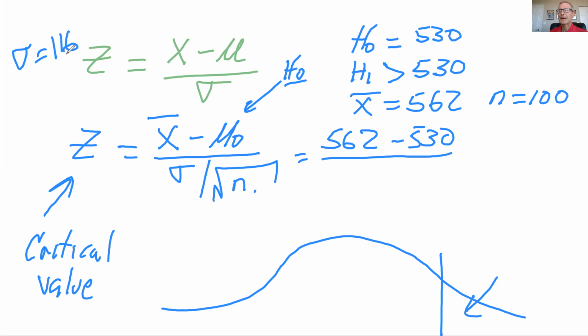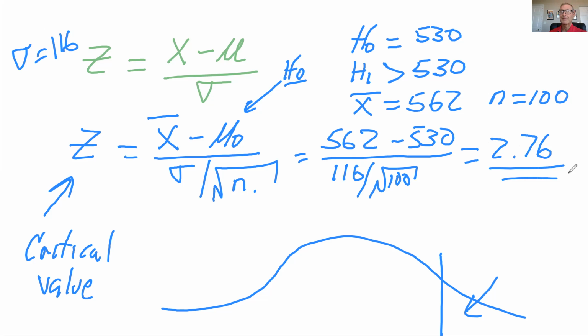If you go back to that, it's 160. So that would be 160 divided by the square root of 100. So you get out your calculator and you see this is 2.0. That's a pretty high z-score, right? It's almost 3 standard deviations away from the mean.